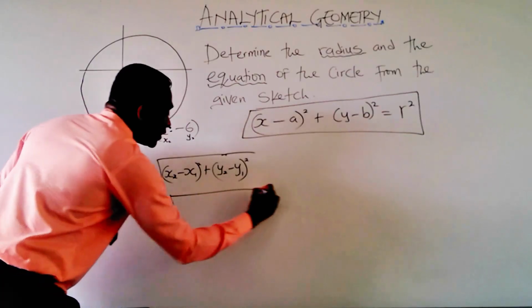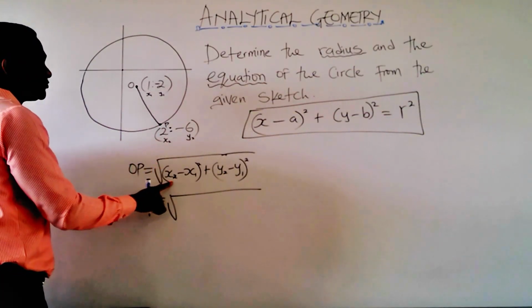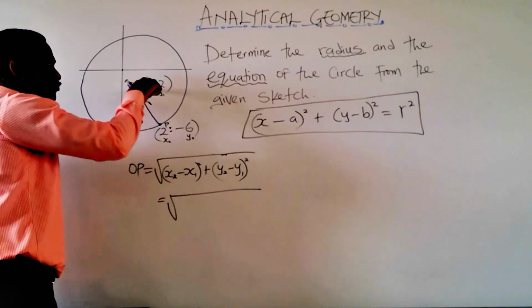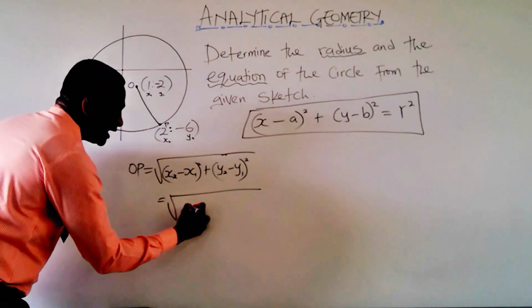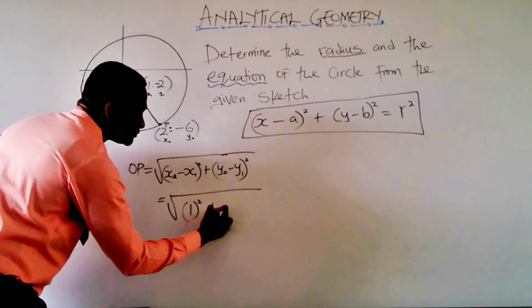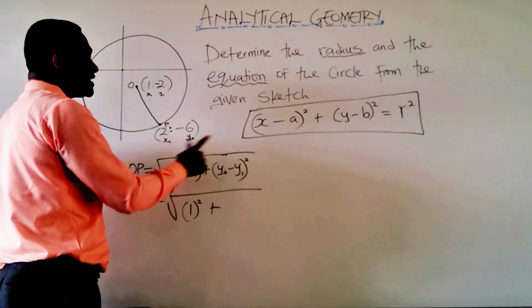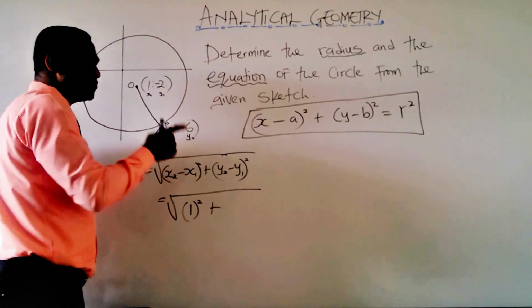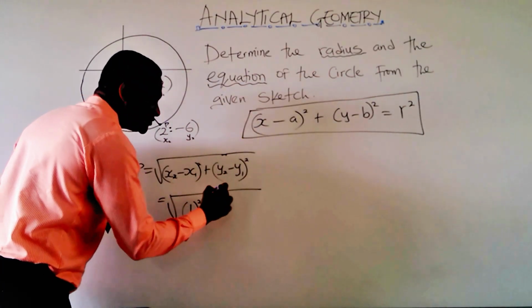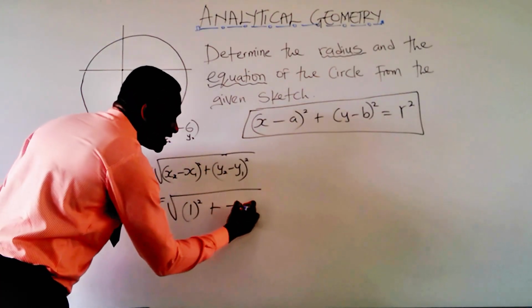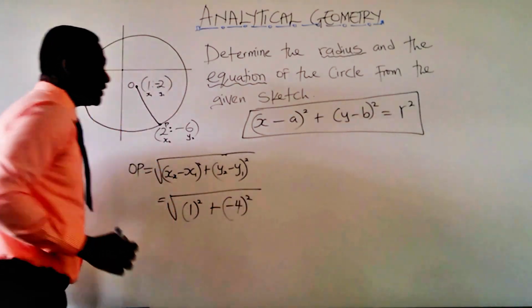Now, let's plug in what we have. x2 here is 2 minus x1. 2 minus 1 is 1, all squared. Plus y2 here is negative 6, negative 6 minus 2. Negative 6 minus 2 becomes negative 8... so rather, minus negative 2: negative 6 plus 2, which will give us negative 4 all squared.